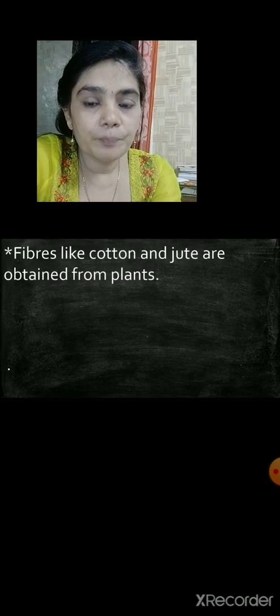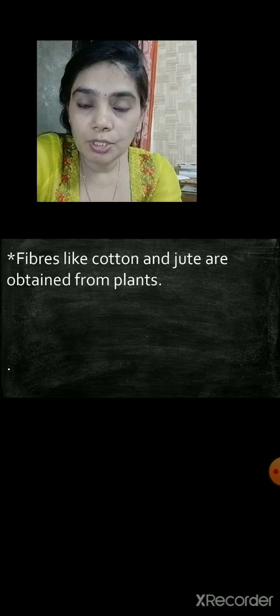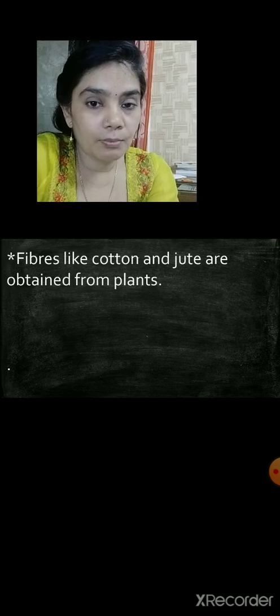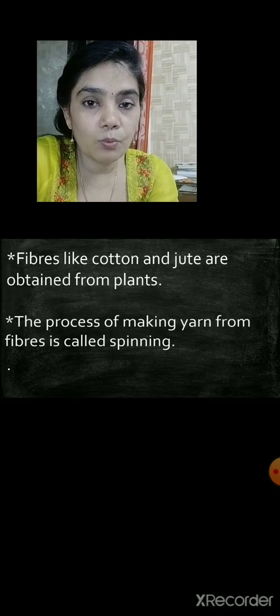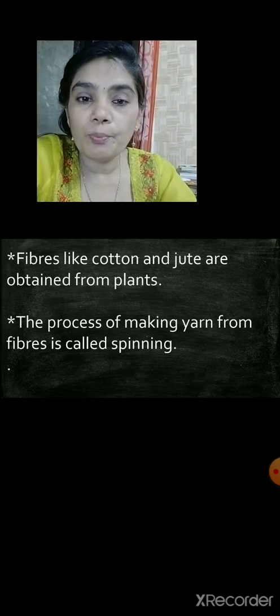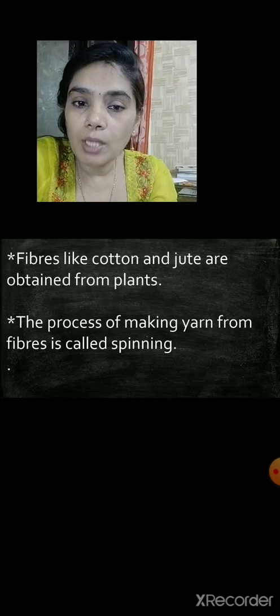And fibers like cotton and jute are obtained from plants. I hope you remember all these points, children, what we learned in the first video. The process of making yarn from fibers is called spinning.